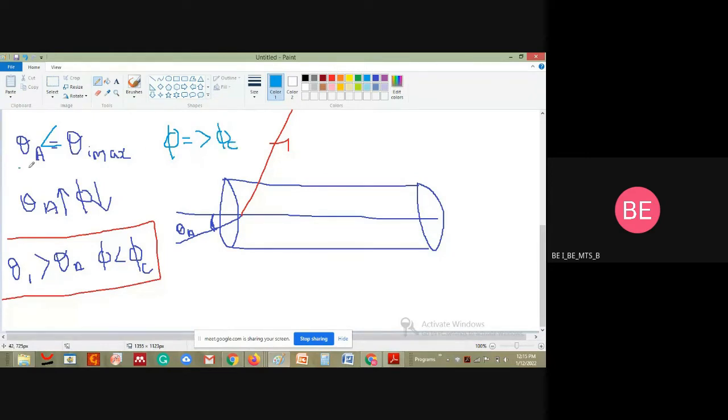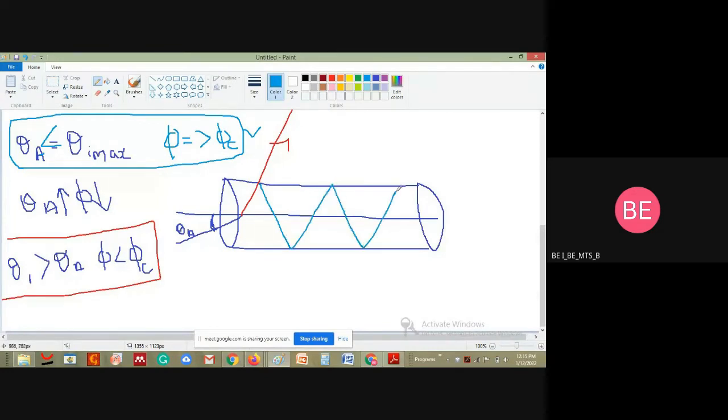So this is the condition for total internal reflection. I should not write it as theta A, I have to write it as theta I. When theta I is less than or equal to theta A, phi will be equal to or greater than phi c. So if this condition is satisfied, light will be totally internally reflected into the medium.